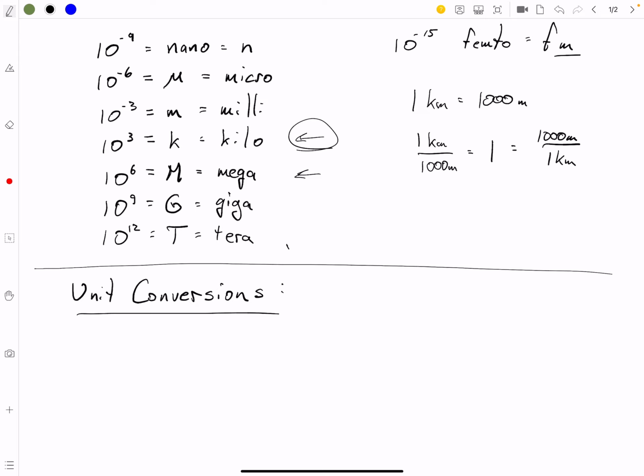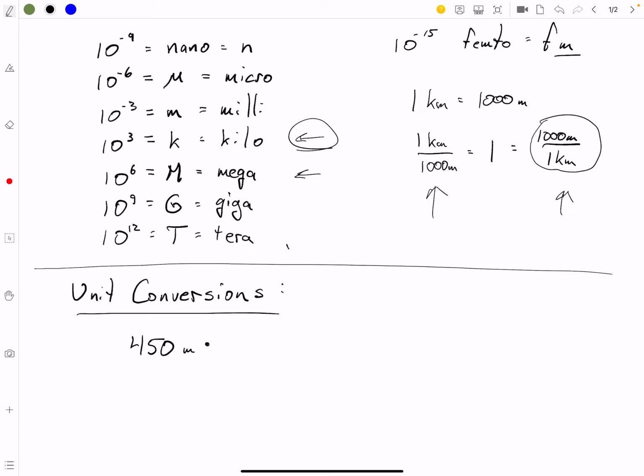you get it wrong. So if I want to convert 450 meters to kilometers, then I have to multiply 450 meters. Which one of these do I want to do to get my kilometers? Well, if we were to use this, we'd be multiplying 450 by 1,000. But then I'd really have meters squared divided by kilometers, right?